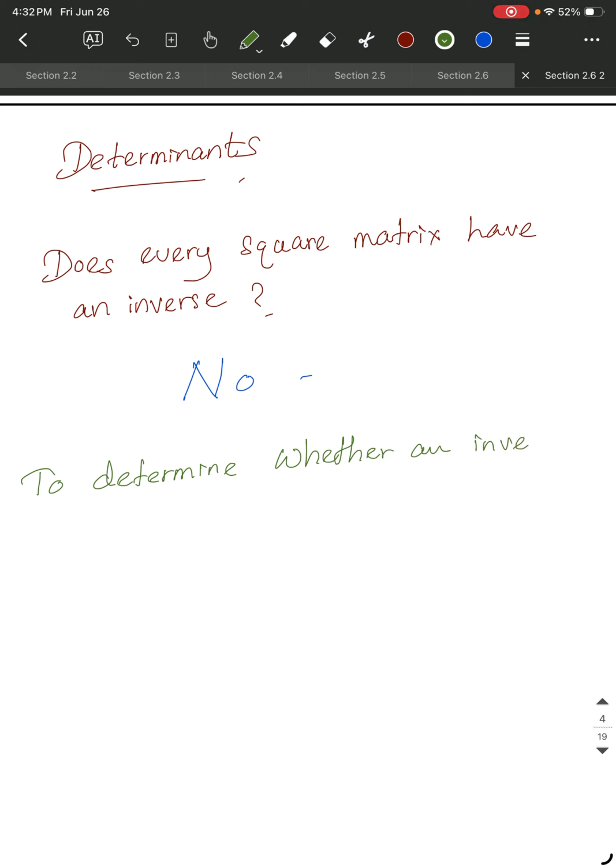I mentioned that the determinant is only calculated for square matrices.